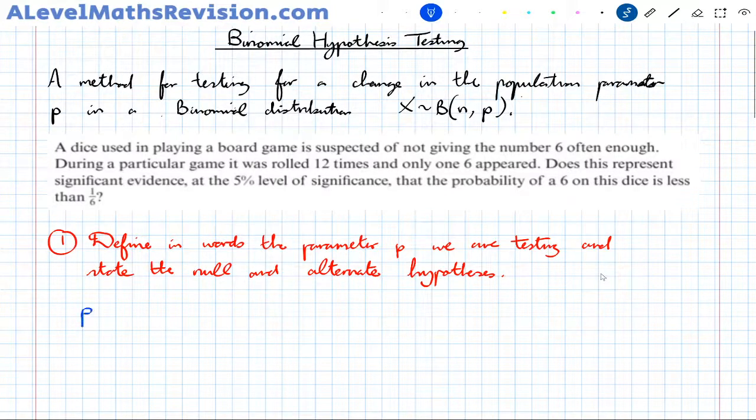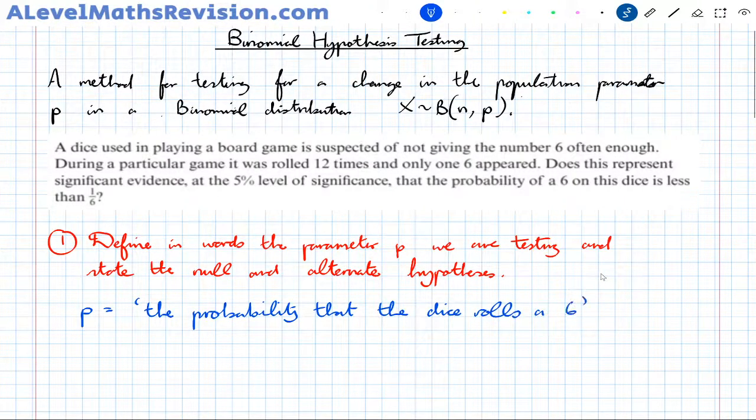So define P in words. P equals the probability that the dice rolls a 6.